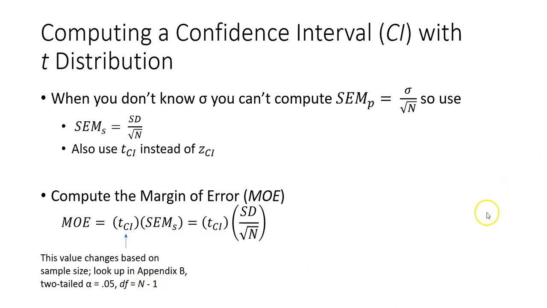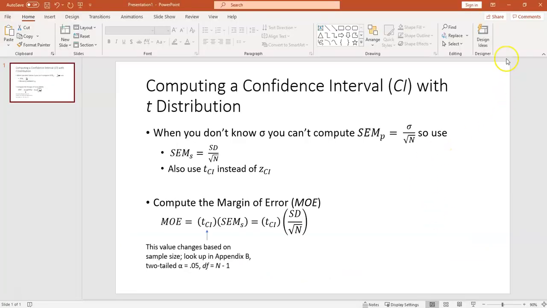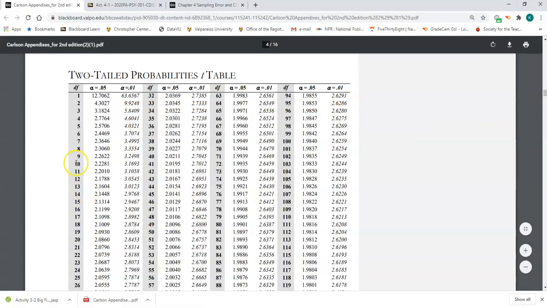So I'll show you what I mean here. Here is the table in Appendix B. Notice I'm using the two-tailed probabilities table. Let's just say that our sample size was 35. We would try and find the DF of 35. Our sample size is 35.